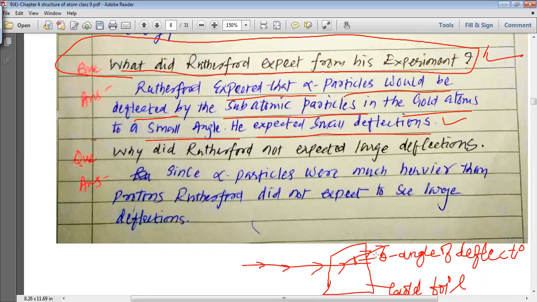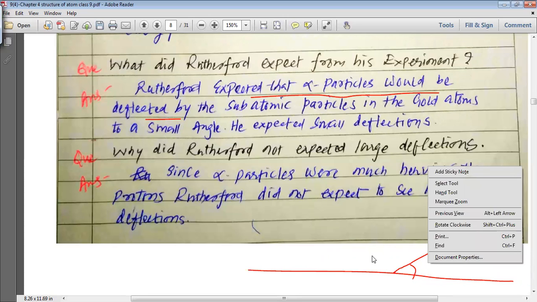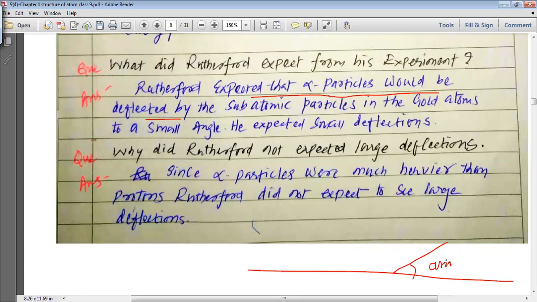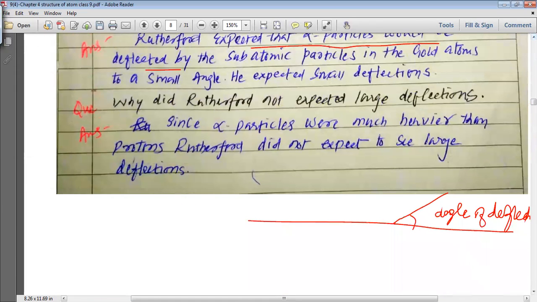So he was expecting a small deflection. Once again, Rutherford expected that alpha particles would be deflected. Deflected means they will not go in their own direction, but will change their pathway and go in some other direction. The angle of deflection is this. So he expected a very small angle of deflection from his experiment.